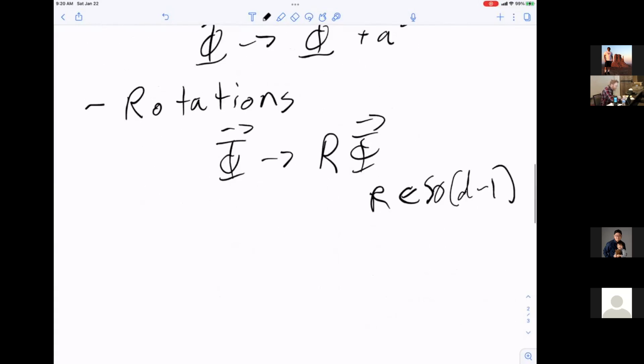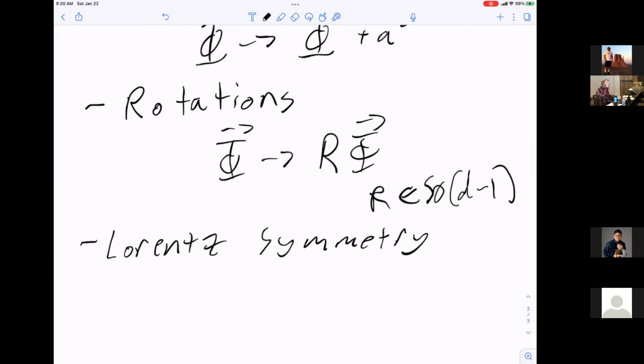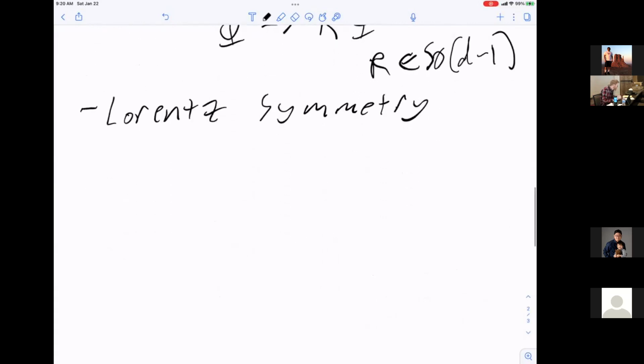And finally, because we're high energy physicists, I'm only interested in relativistic jelly. And for any non-relativistic jelly, I would just get some limit of expanding as the speeds go to 0.